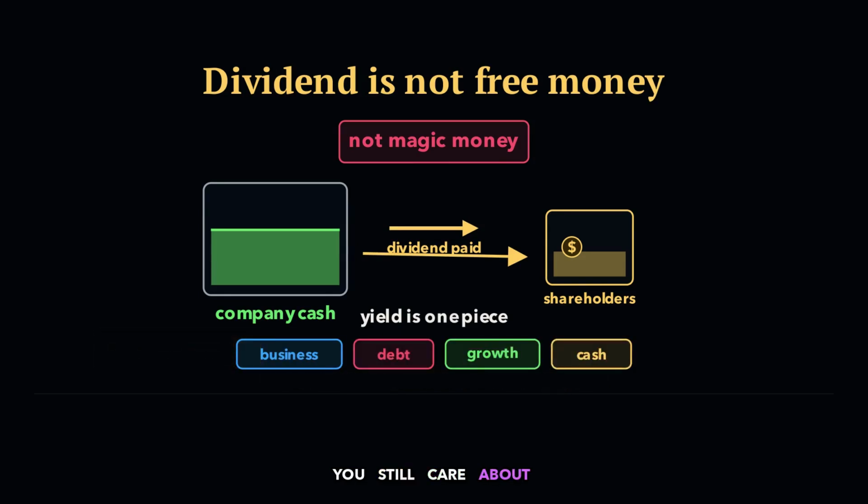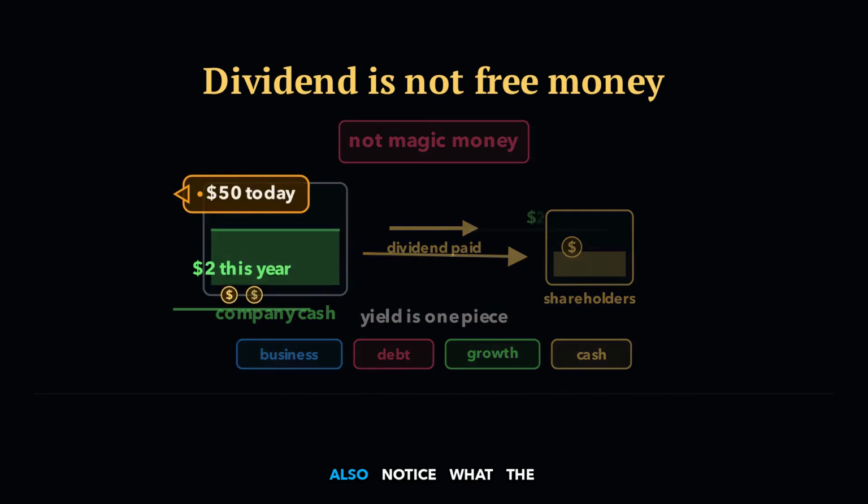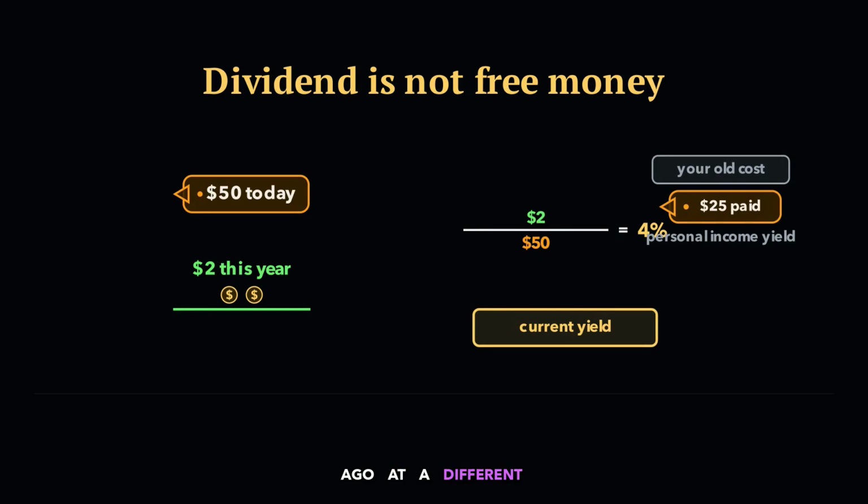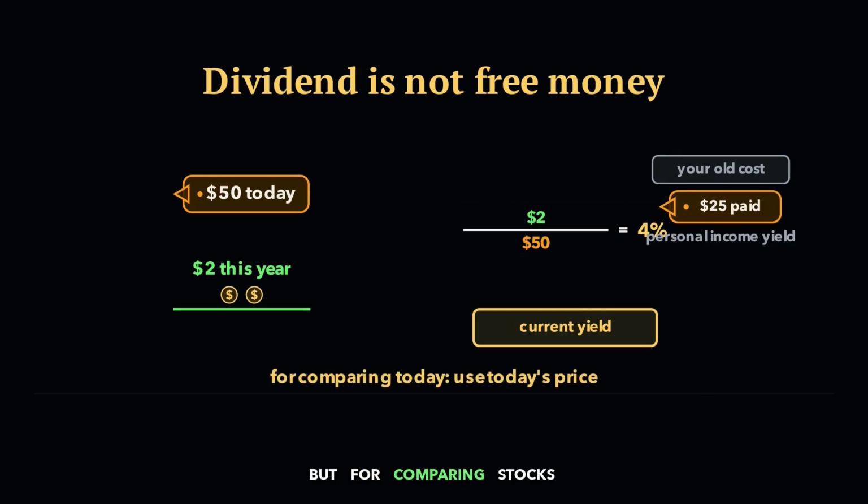You still care about the business, the debt, the growth, and whether the cash keeps coming. Also notice what the website usually shows. It shows yield using the current stock price. If you bought years ago at a different price, your personal income yield on your original cost may be different. That can be interesting for you, but for comparing stocks today, the current yield is the clean starting point.